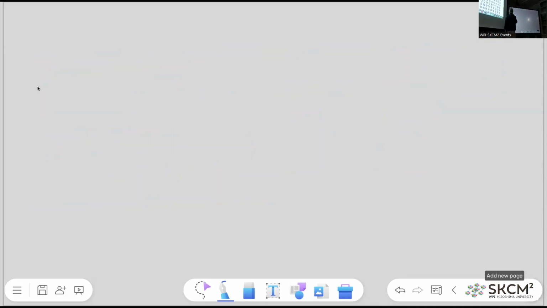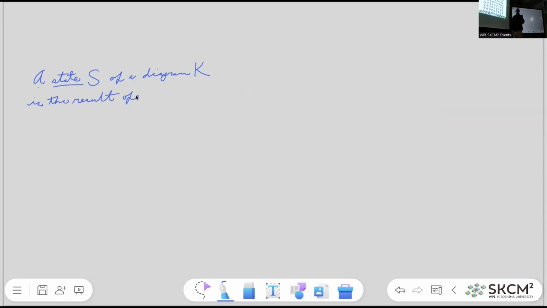Well, I'm going to give you a different definition. I'm going to say that a state S of a diagram K is the result of moving each crossing in one of two ways.